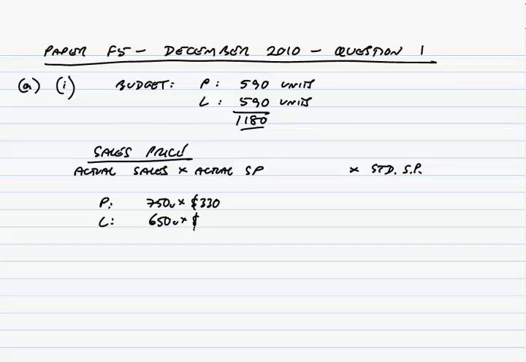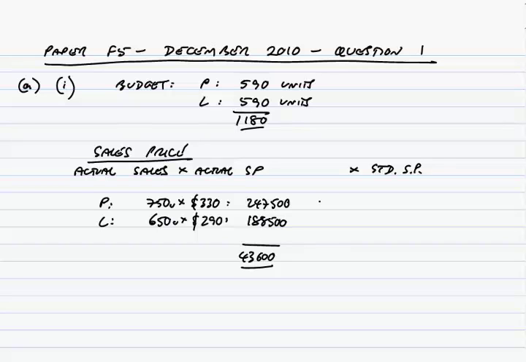And the actual selling price was 290. So our actual revenue, 750 at 330, 247,500, 650 at 290, 188,500. So the total actual revenue, 436,000. So that's at actual price.